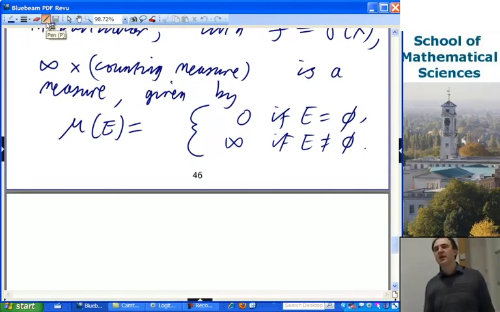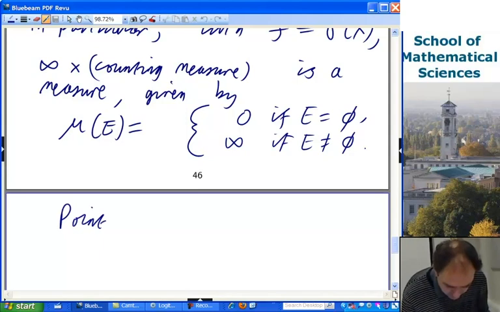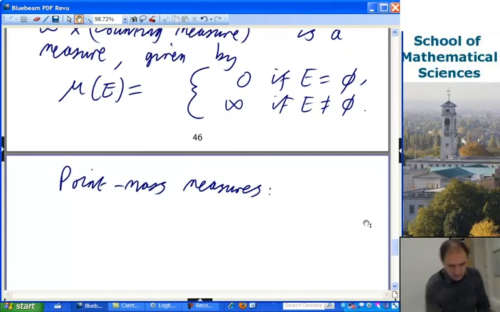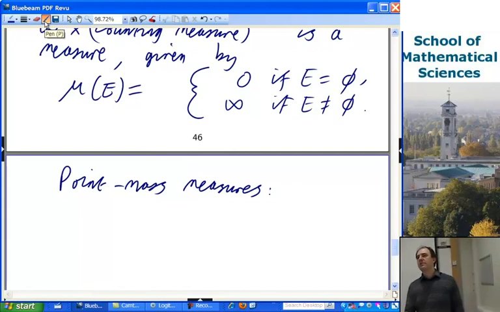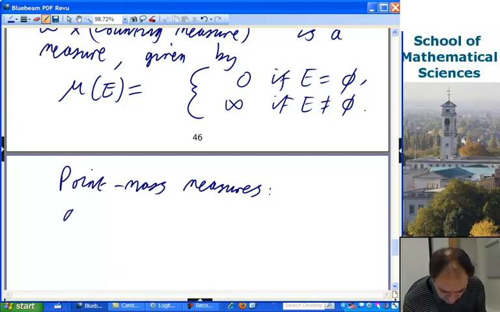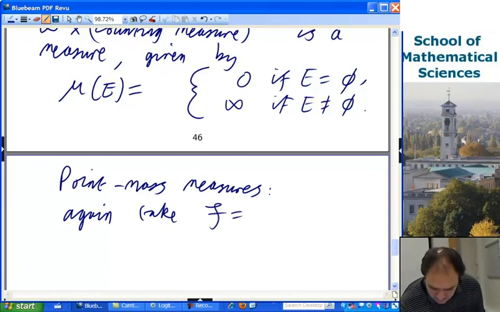Finally, I'm going to tell you about some point mass measures. And again, I'll do it on any set and on the whole power set. So again, take F to be the whole power set, but you could do it on any other sigma field as well.